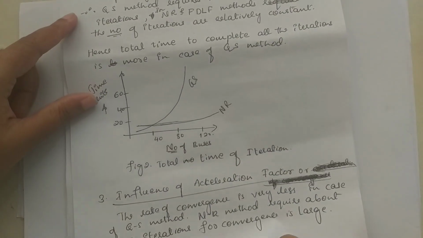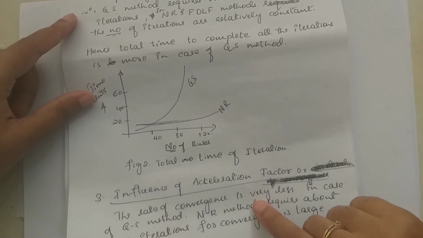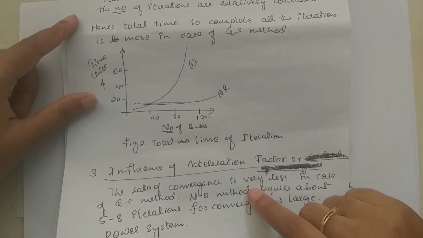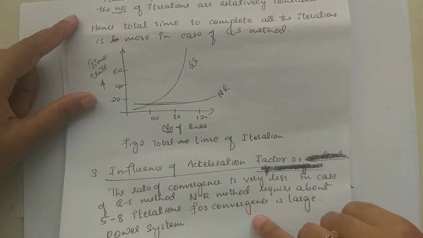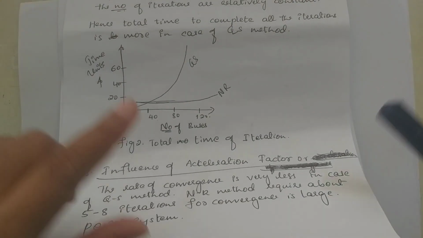Influence of acceleration factor. The rate of convergence is very less in the case of the GS method, and the NR method requires about 5 to 8 iterations for convergence in large power systems.